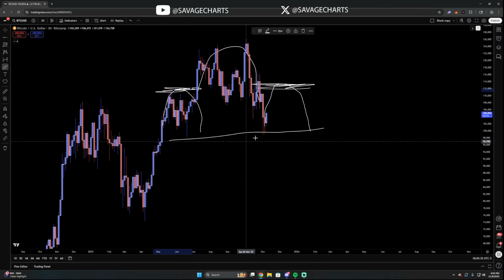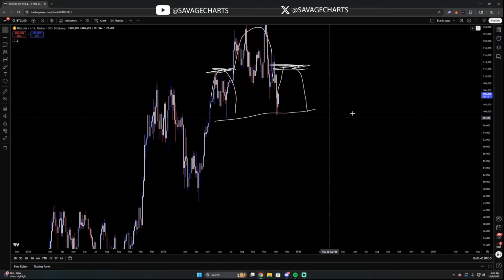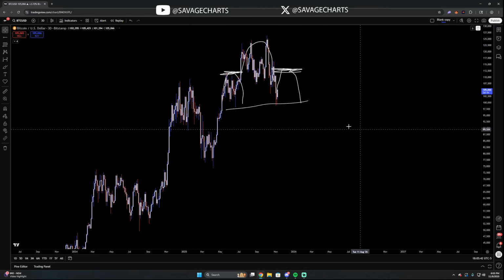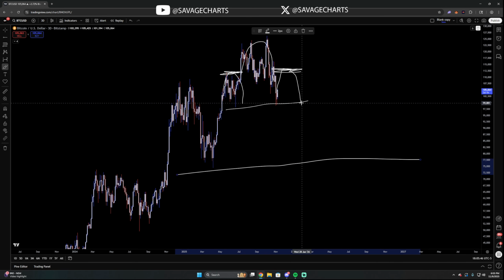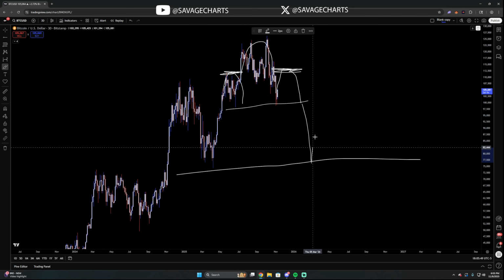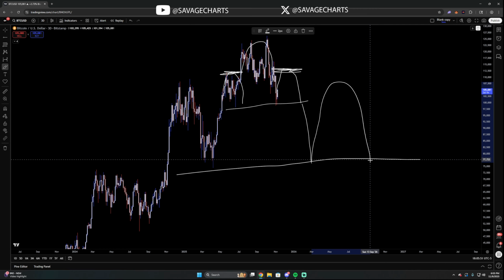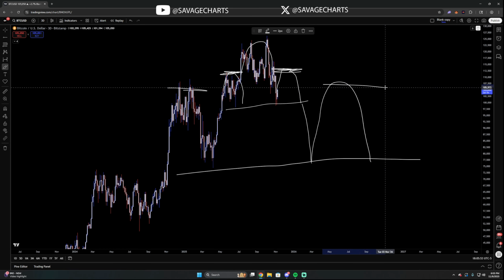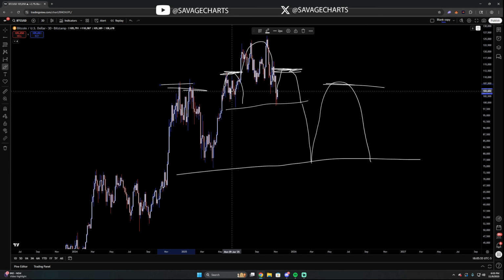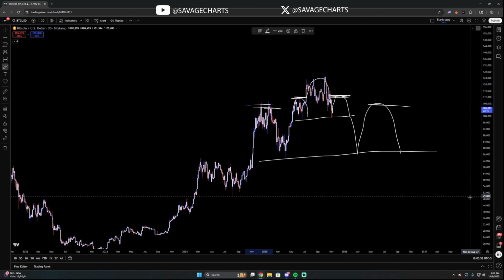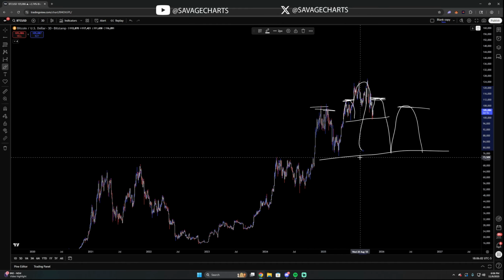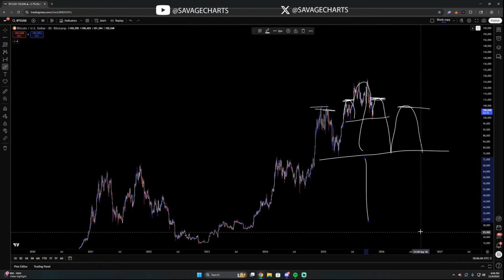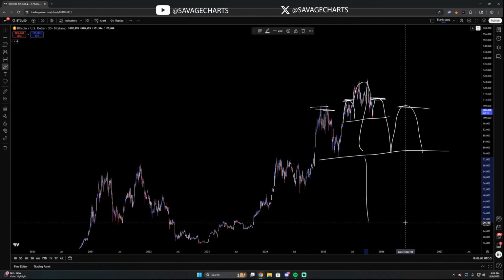This double head and shoulders, and if that were to play out, fam, it's pretty obvious where Bitcoin would be going, right? Because then essentially you have the monster of all monsters, head and shoulders, and that breaks down to something like $33,000.